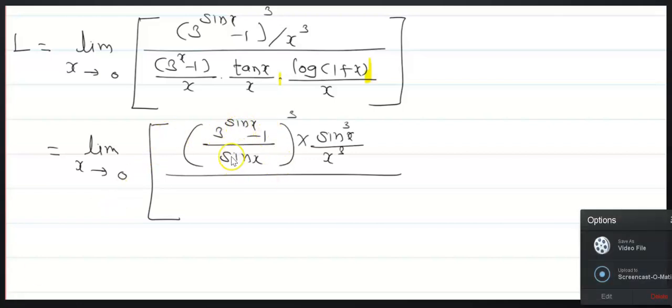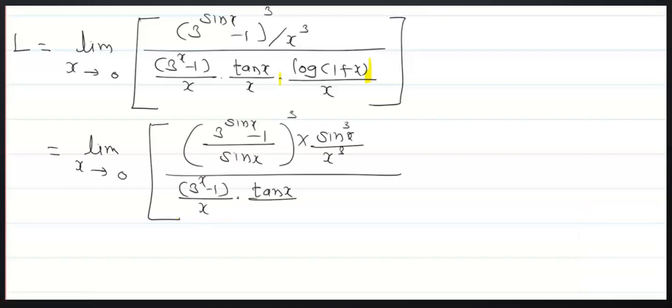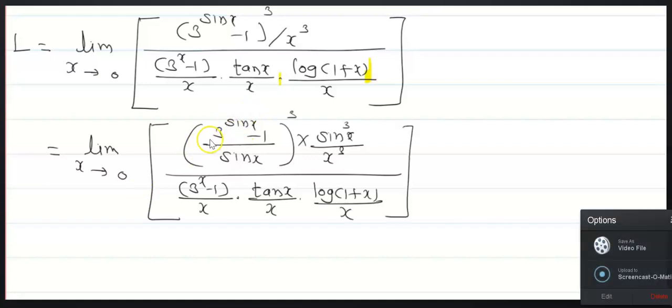Therefore, to the denominator we will require sin x. But it will become sin cube x. Therefore, we are adjusting here in the numerator and the denominator for this sin cube x, and divided by this x square. It is useful here. And the denominator, (3 raised to x minus 1) upon x, tan of x upon x and log of (1 plus x) upon x. Now the value of this is (log of 3) bracket cube, 1 cube, log of 3, 1, 1. See this here.